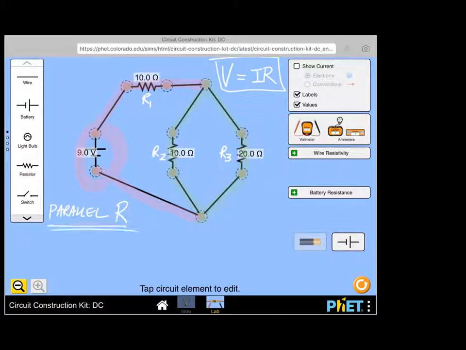So parallel resistance. I think the other day we showed that 1 over the total resistance would be 1 over the first resistor in parallel plus the next resistor in parallel, etc. All right? And so for a 2-resistor circuit, total resistance is going to be the product of the 2 resistors over their sum.